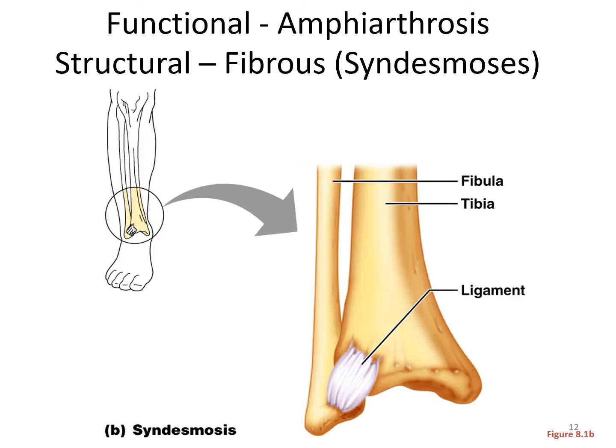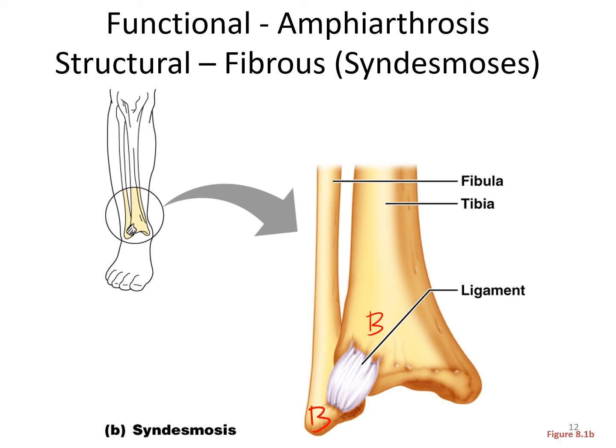Let's switch gears and talk about a different type of amphiarthrosis. This is a fibrous joint here. Fibrous joints are actually joined together by ligaments. Ligaments, as you can see here, bind one bone, this one here, to another bone. So this piece of ligament is formed by dense regular connective tissue. It does contain fibers of collagen, thus the name fibrous joint.